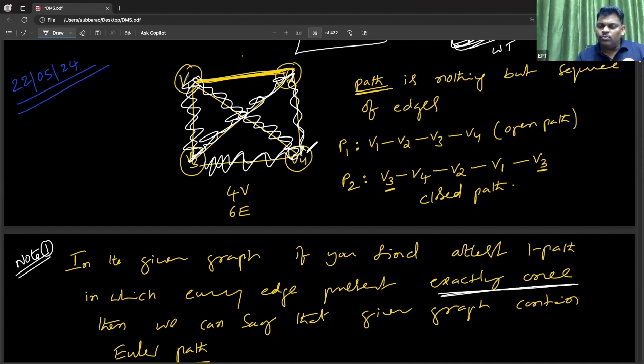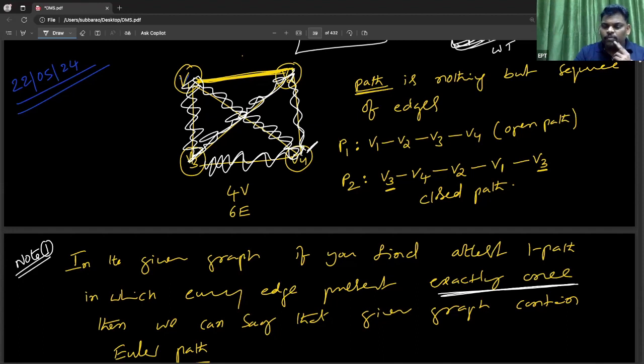Is it a closed path, a sequence of edges? Because direction is not there, you may go back again. Fine, that is also okay. There is no meaning in that, but anyhow, that is also okay. The simple definition is a sequence of edges. It is not making any sense, but whatever you asked, that is also fine.